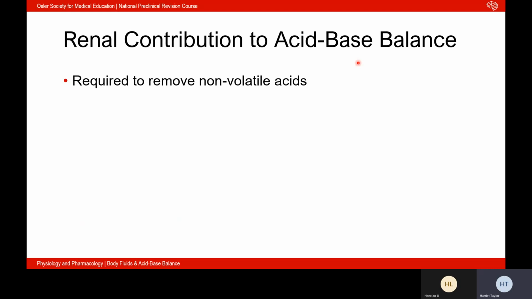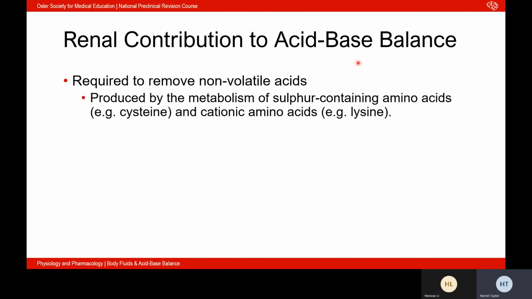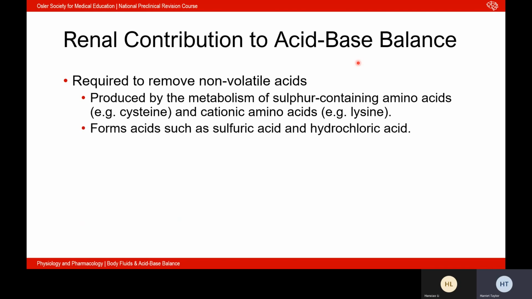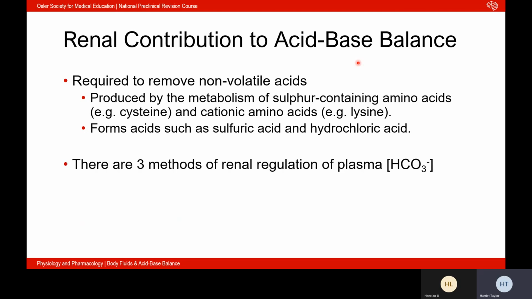So this is basically any acid that isn't CO2, any acids that can't get blown off by the lungs by hyperventilation. And these acids tend to be produced by the metabolism of sulfur containing amino acids or cationic amino acids. And we get acids such as sulfuric acid and hydrochloric acid being produced from these processes. And these acids really can't be blown off by the lungs. We can't get rid of them by ventilation.